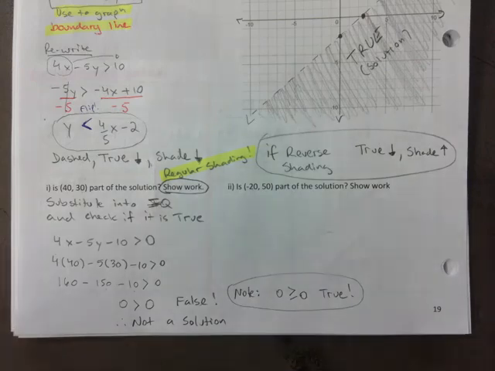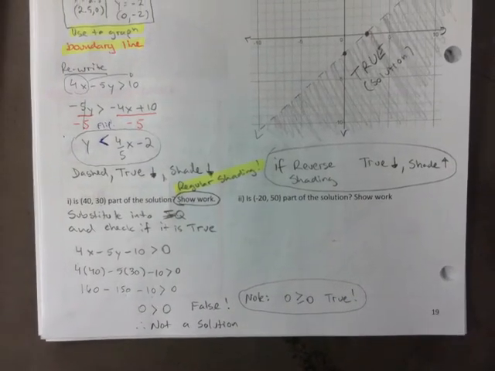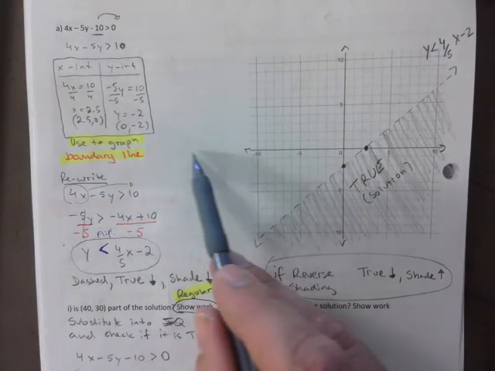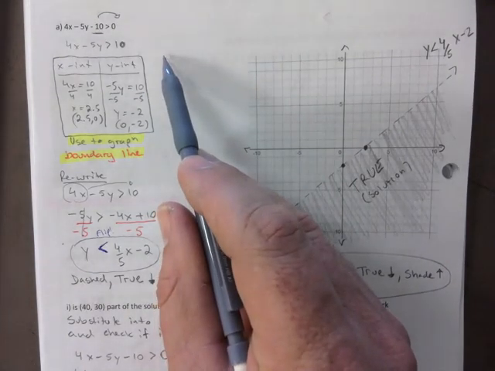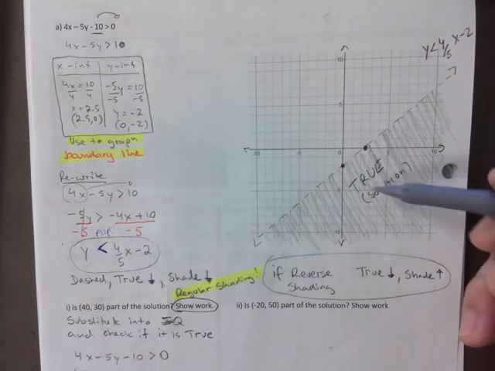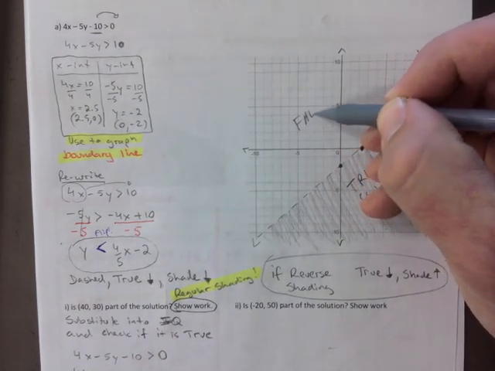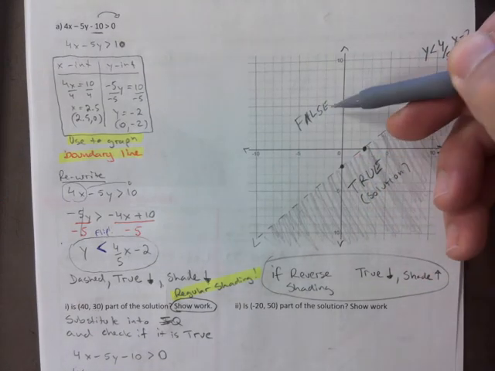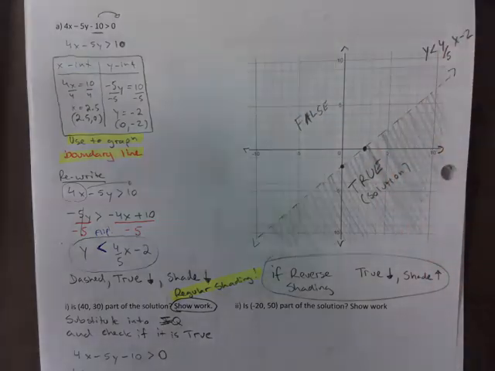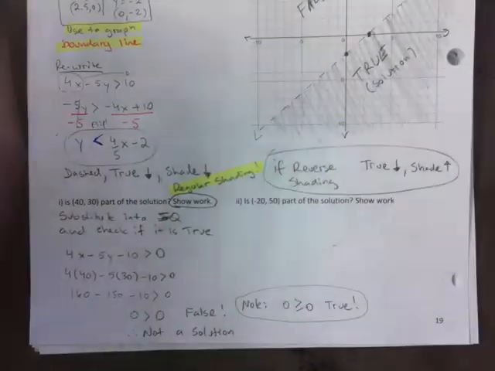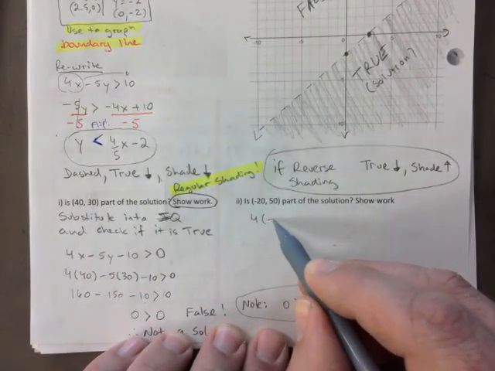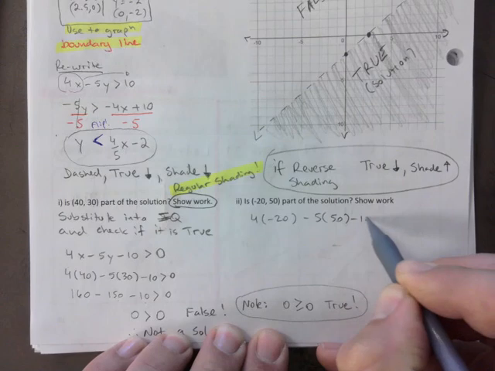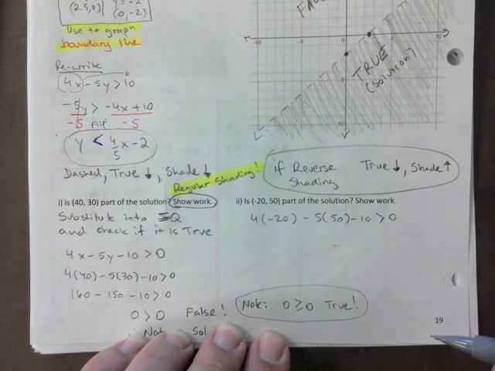By observation, okay? Just by observation. Is (-20, 50) even a possibility? Imagine negative 20 would be somewhere here, 50. You're definitely not going to be in the solution region, because if this is true, this is false. I don't label the false region normally. I just focus on the true region, but anything up here would not be a solution. Okay. So for note-taking purposes, it's 4 times negative 20 minus 5 times 50 minus 10 is supposedly greater than 0.